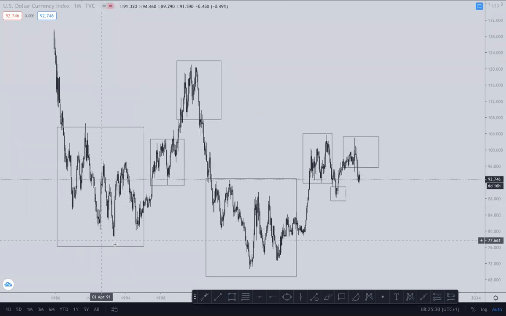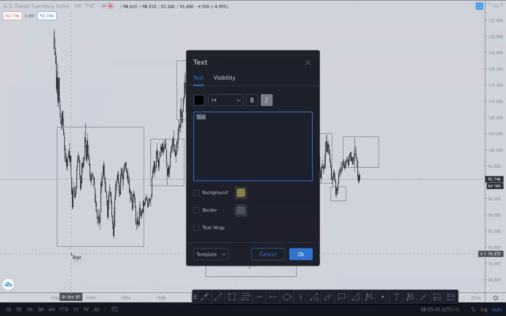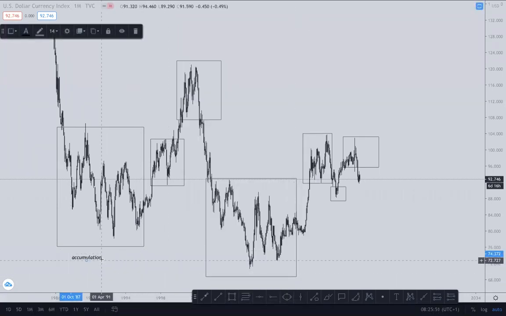If I know that my first box is on the ground, on the lower side of my chart, I understand that that is what? An accumulation. So everything that we have learned, I am going to put into context. So I know this is an accumulation.